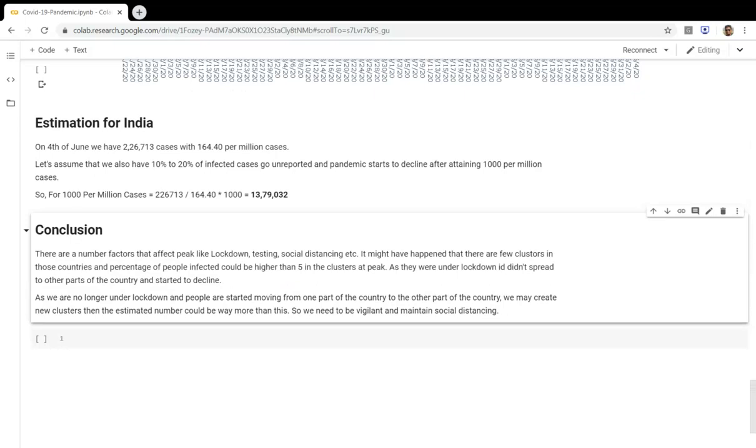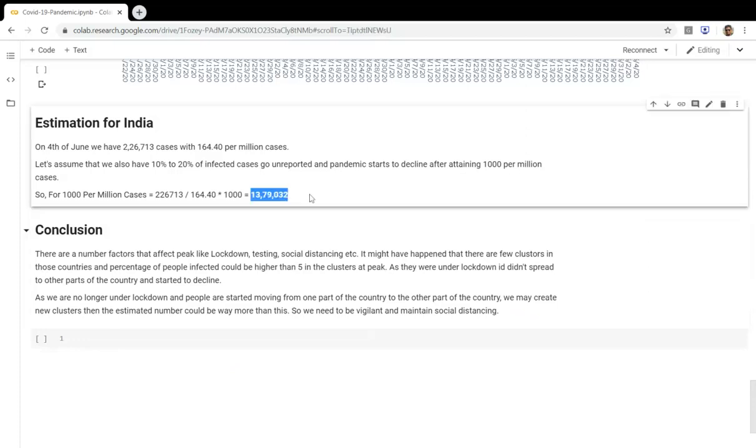Okay, so in India, we are no longer under lockdown, and people started moving from one part of the country to another part of the country. Now this may create new clusters, and this estimated number could be way more than this.